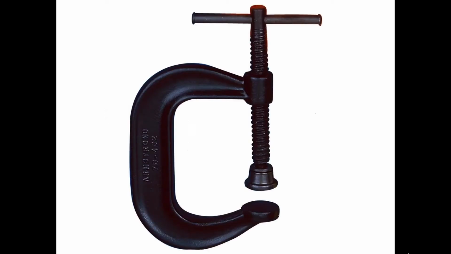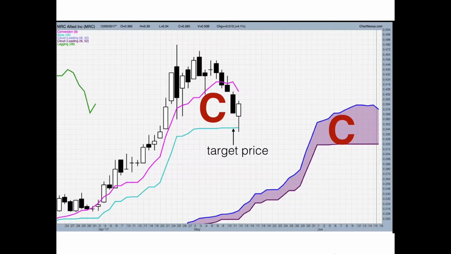Now I like to call this disequilibrium the C-clamp pattern. This is not my original term. Someone else coined this term. The C-clamp pattern refers to a pattern where the Tenkan-sen and the Kijun-sen have a huge range in between them, therefore forming sort of a C-clamp pattern.